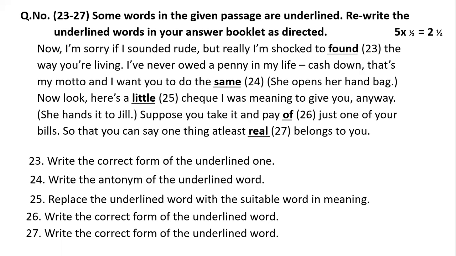Now, so that you can say one thing at least really belongs to you. Now, write the correct form of the underlined word. So one thing at least really belongs here, that verb must come. Really belongs to you. Okay, children? Yes.